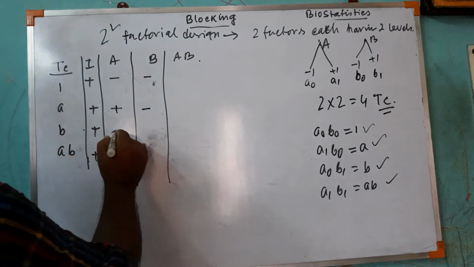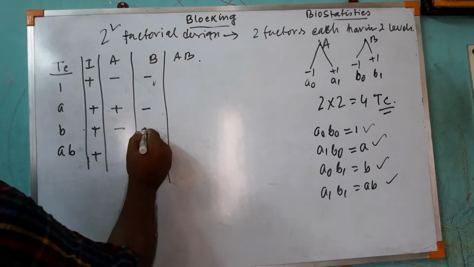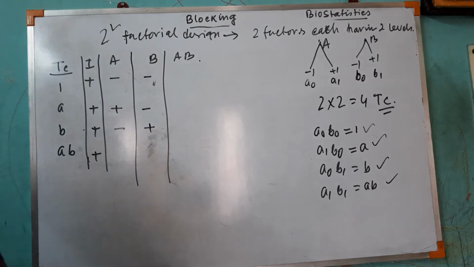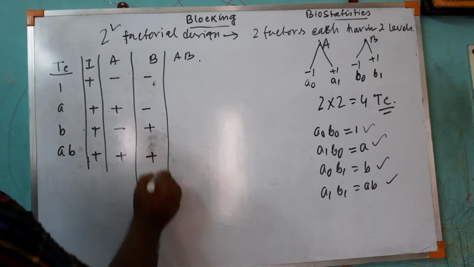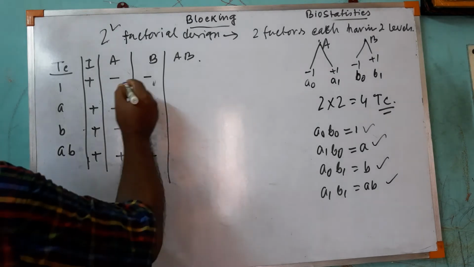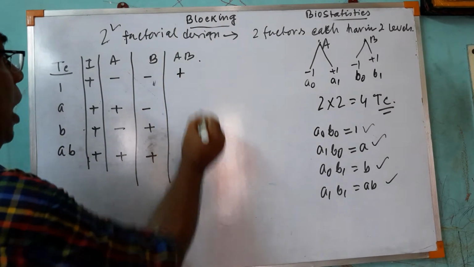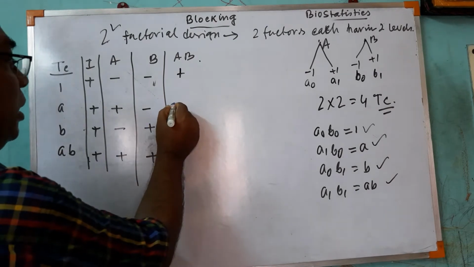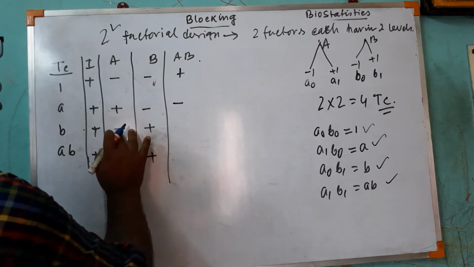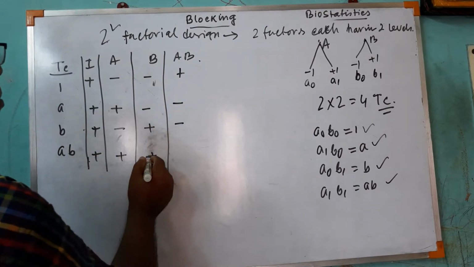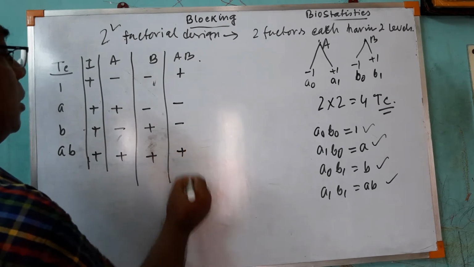B means factor A having lower level, B having higher level. AB means both at higher level, that is both are plus. Now AB means minus into minus, this is plus, plus into minus, that is minus, minus into plus, that is minus, plus into plus, that is plus.